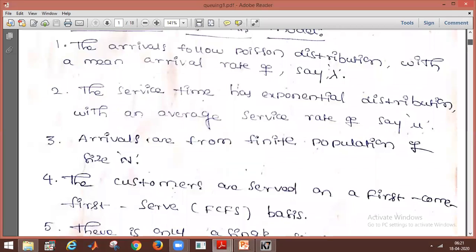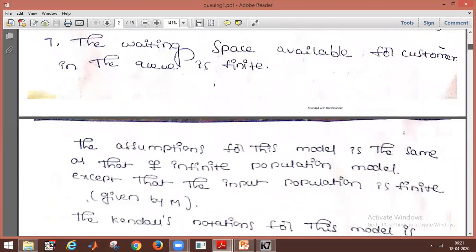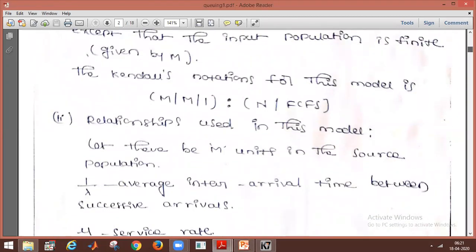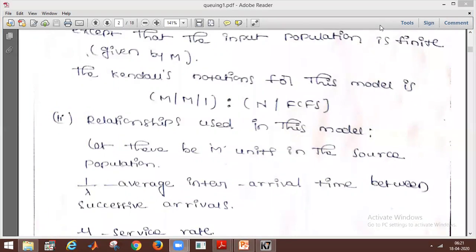So first, what are the formulas included in this model? The symbolic Kendall notation for the second model is denoted as M/M/1 with N and FCFS.